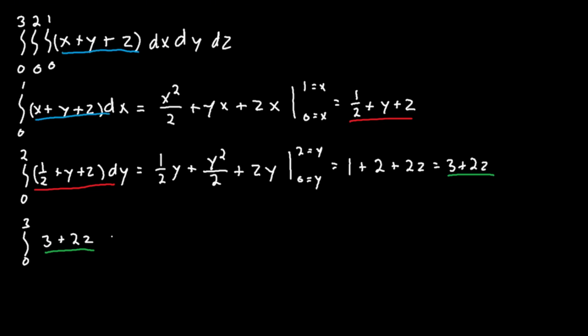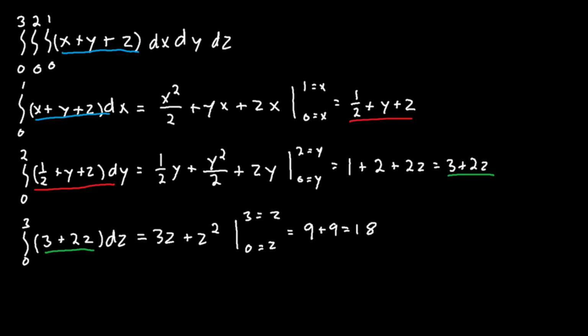If we continue this, integrating with respect to z, 3 is a constant, so you get 3z plus z squared from 0 to 3. And 0 cancels everything out, so all we have to do is worry about the 3. So we plug in 3 into everything, we get 9 plus 9, which is equal to 18, our answer for this triple integral.